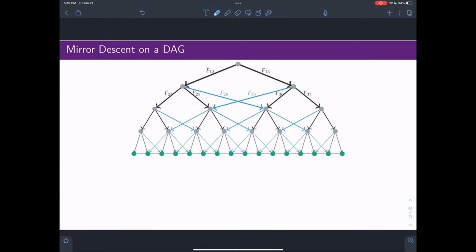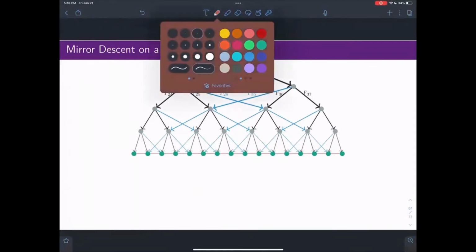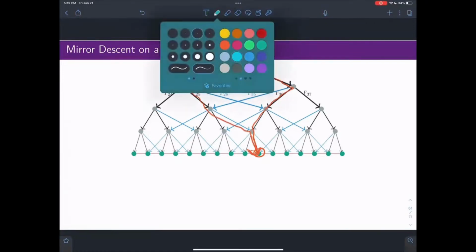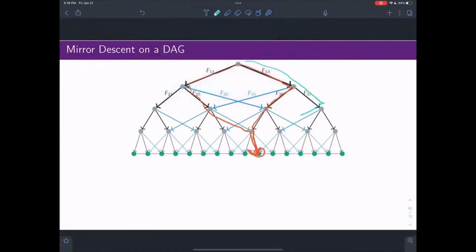Now there are multiple ways to send a flow to any leaf in this tree. For instance, if we take this leaf, we can send it like this, like that, or from this path, perhaps.